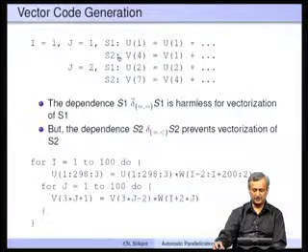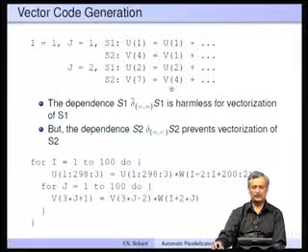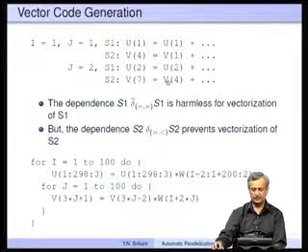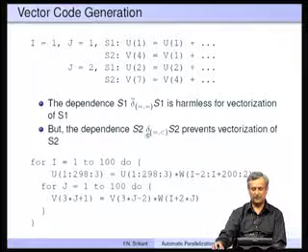S2 is here and it is writing into V4, and then S2 in j equal to 2 is actually reading from V4. That means from this statement S2 to this statement S2 there is a dependence. That dependence is denoted as delta, it is write and then read, called a flow dependence.